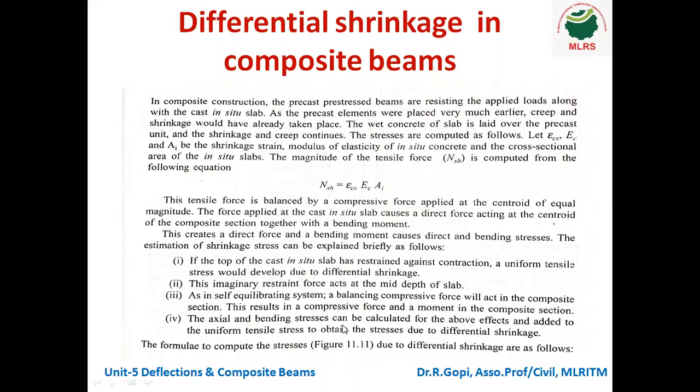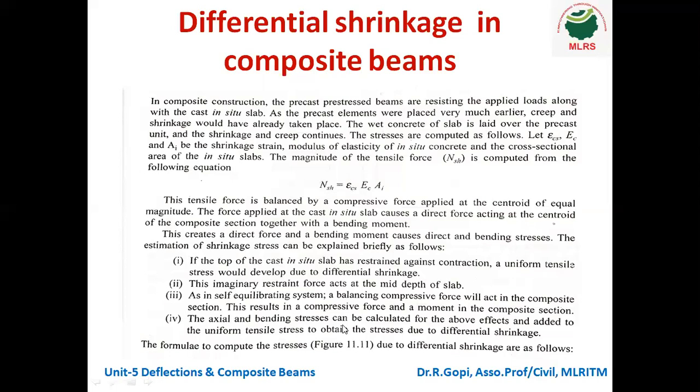So the shrinkage and creep properties differ between the already cast pre-stressed beam and the newly cast in situ slab. Due to this, differential shrinkage stress is developed in the beam. This portion is what we discuss. This is the outline of the topic.